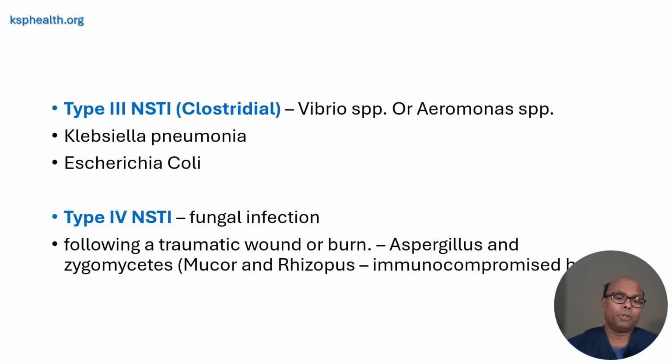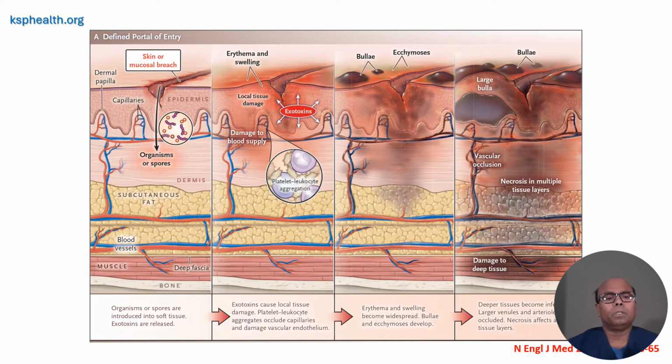It can happen following a traumatic wound, burn, in an immunocompromised host, and after natural disasters like tsunami or typhoon. The pathogenesis: when there is a defined portal of entry, a skin or mucosal breach introduces spores or organisms into the body. They proliferate and liberate exotoxins.